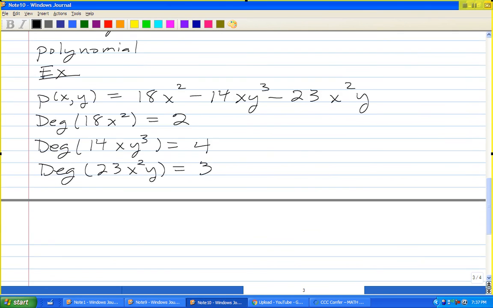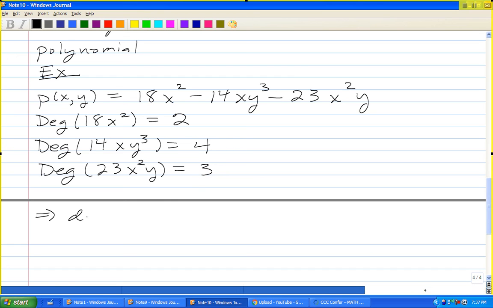Therefore, the largest of the numbers 2, 4, and 3 is 4. So the degree of your polynomial is 4.